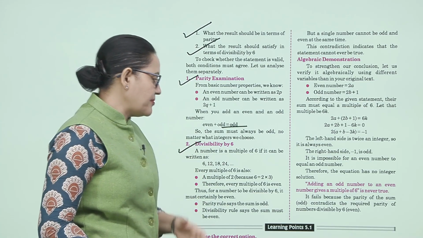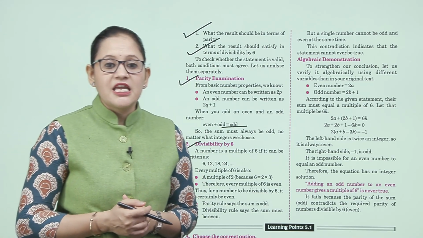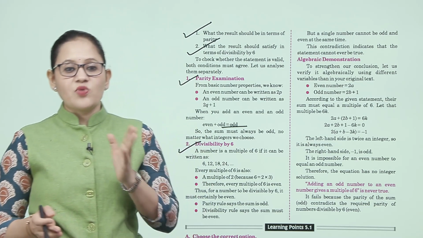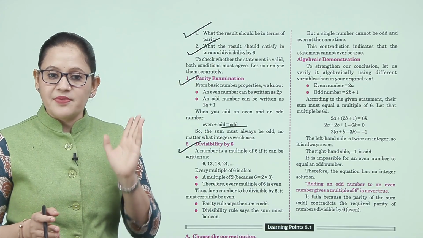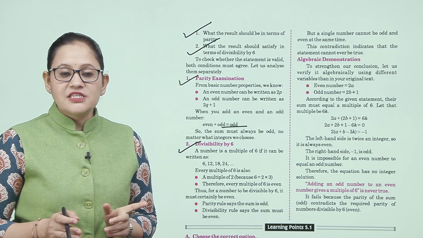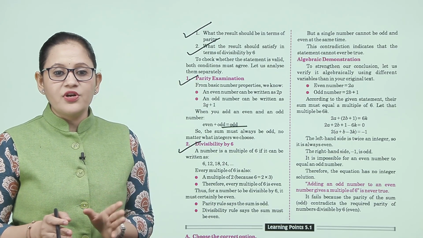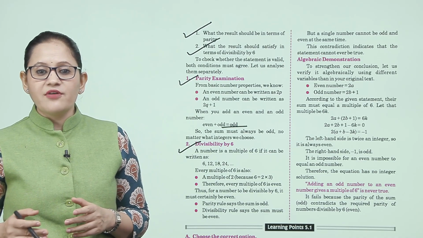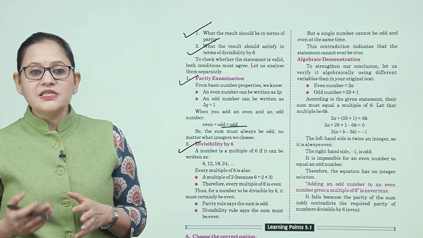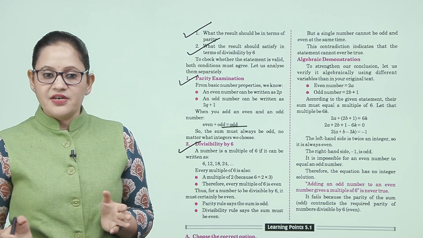Divisibility by 6: a number is a multiple of 6 if it can be written as 6, 12, 18, 24. Every multiple of 6 is always a multiple of 2 because 6 is equal to 2 into 3, therefore, every multiple of 6 is even. Thus, for a number to be divisible by 6, it must certainly be an even number.